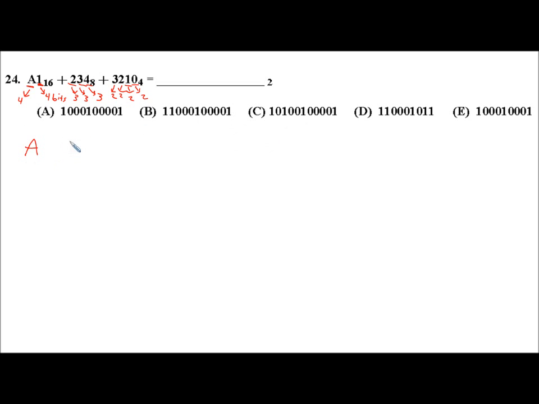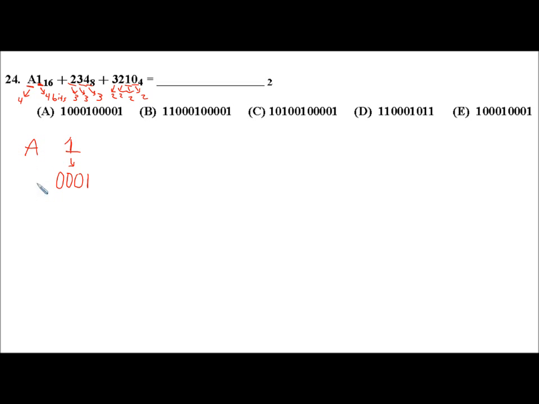So A1, as I've said before, can be converted to a total of 8 bits. The number 1 expressed using 4 bits would be 0, 0, 0, 1 in binary. A, this digit, again represents the number 10 if we're looking at hexadecimal. In other words, it's the digit that comes right after 9 and represents the quantity of 10.